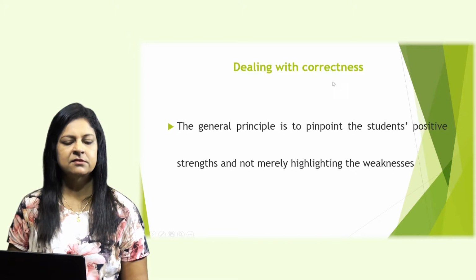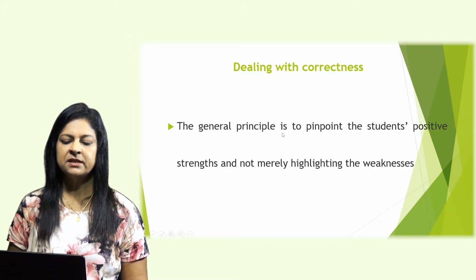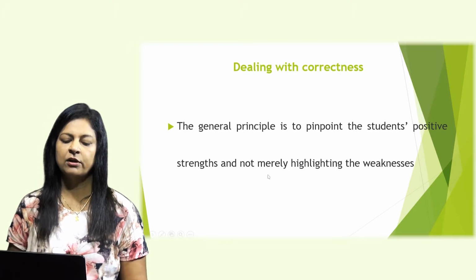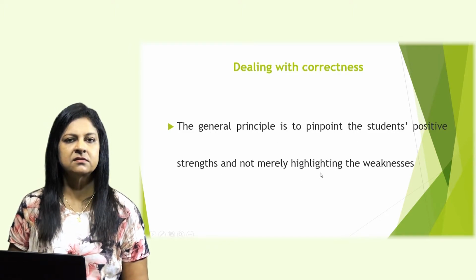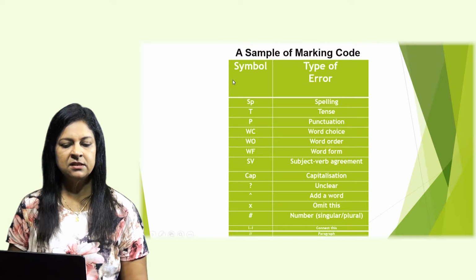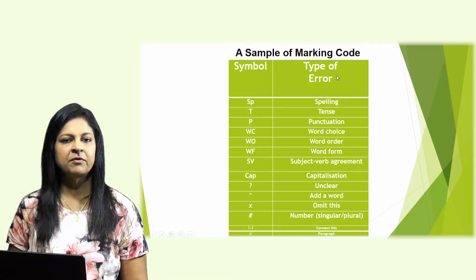Dealing with correctness. The general principle is to pinpoint the student's positive strengths and not merely highlight the weaknesses. A sample of marking code symbols. This is the type of error.